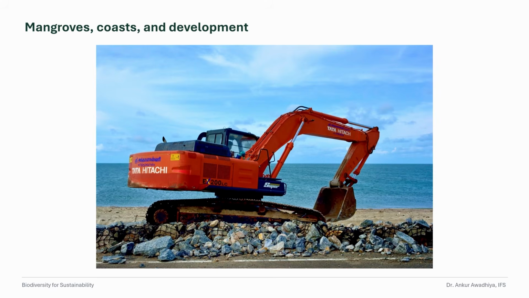The image on this slide shows an earth mover constructing gabion rock check dams along a coastline where mangroves are absent. This machine, this rock, this engineered wall, all of it exists because a living system that once did this work for free is no longer there. The nursery habitat that sustained fish populations is gone.